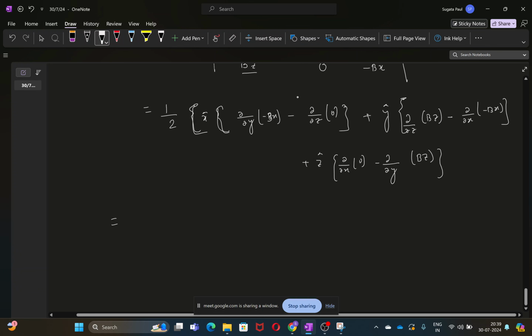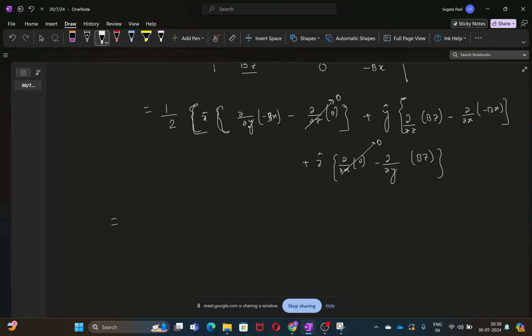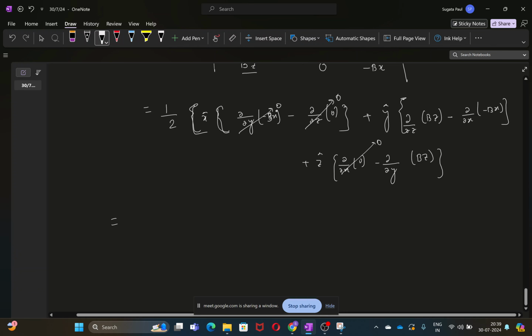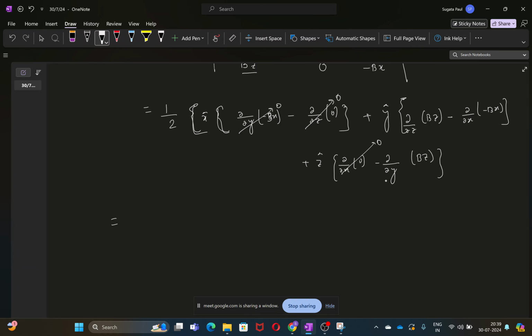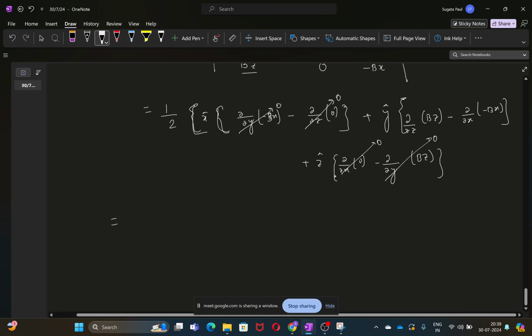So you can see from here that del z of 0 is automatically 0 and del x of 0 is also 0. Similarly, B times x has nothing to be differentiated with respect to y, so that's why it will also be 0. Similarly, here B times z has no dependence on y, so del y of B times z will also be 0.